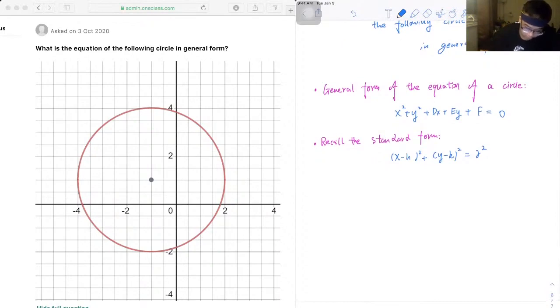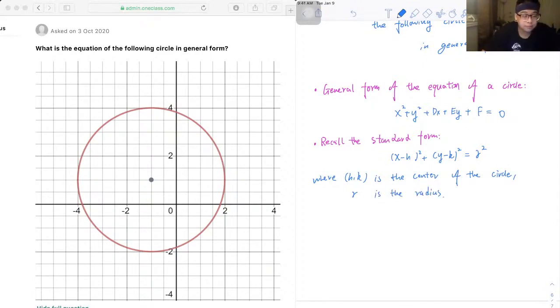And let's define h, k and r. (h, k) is the center of the circle, and r is just the radius.